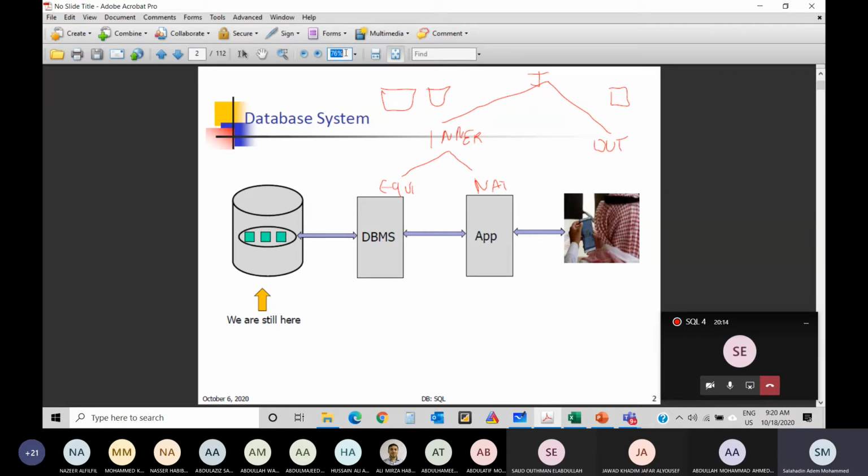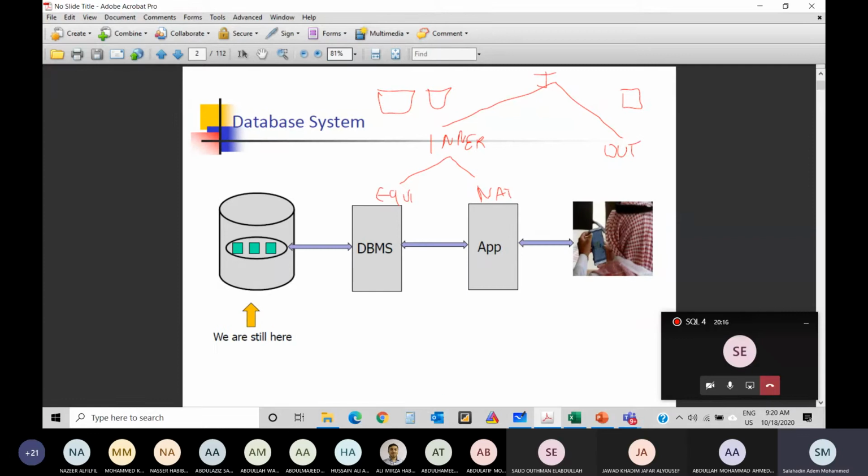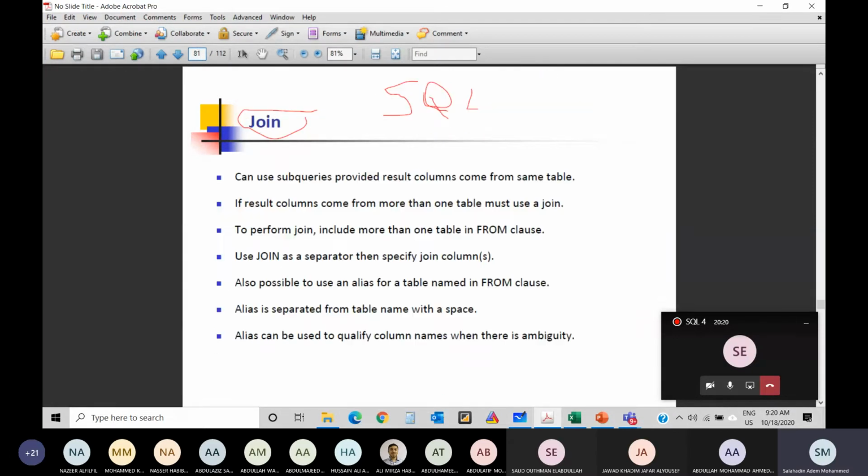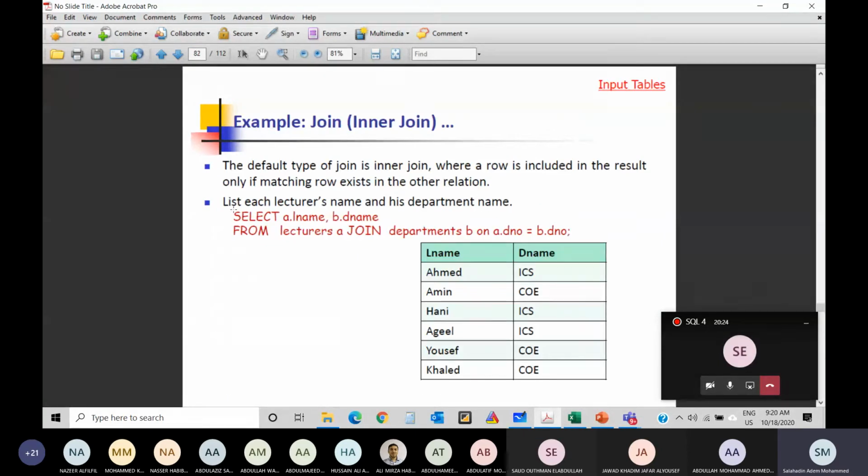Okay, let me show you one thing. What you see here, what kind of a join is this one? Is it outer join? Is it inner join? Is it natural join? Is it equi join?